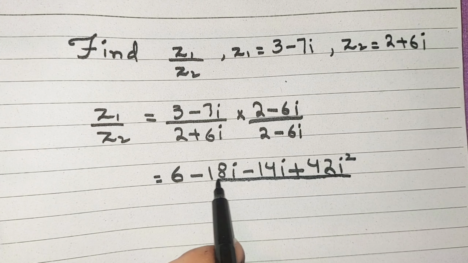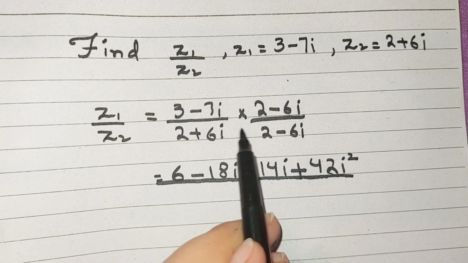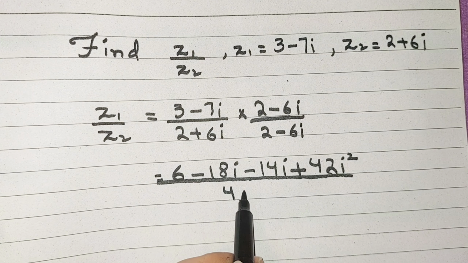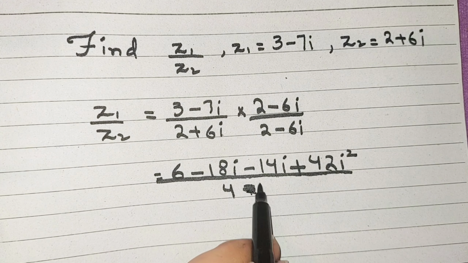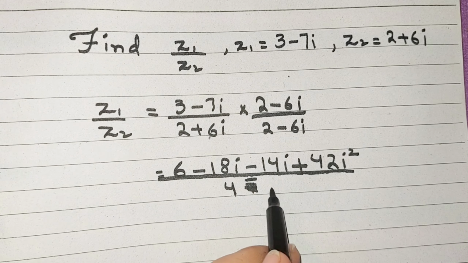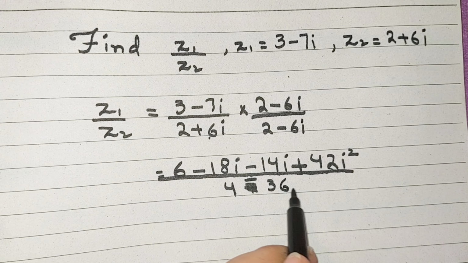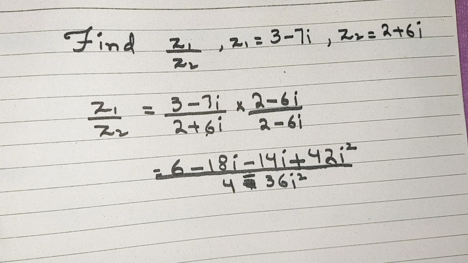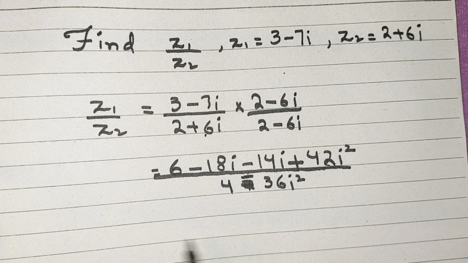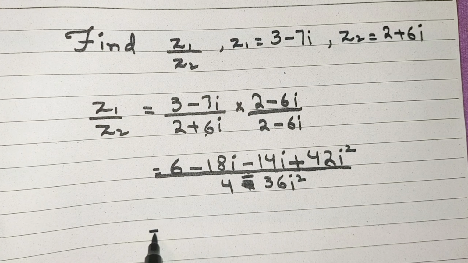Upon, same here, 2 multiplied by 2 will be 4, and this will be a negative sign here, and 6 multiplied by 6 will be 36 iota square, but again it will be converted into positive as well. So I'm just doing it step by step.